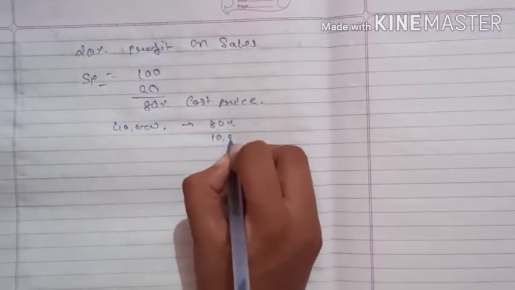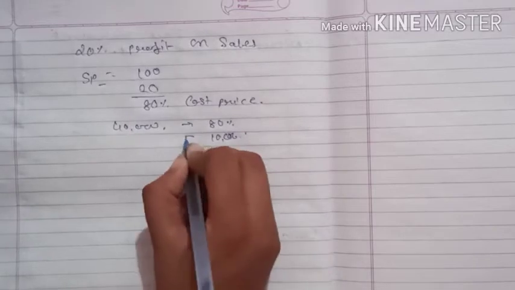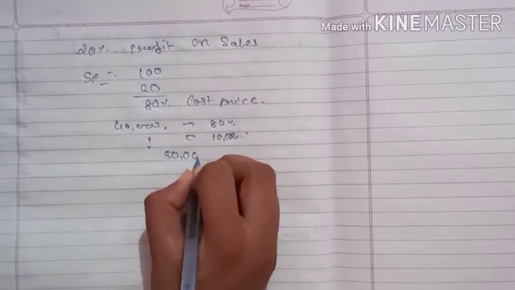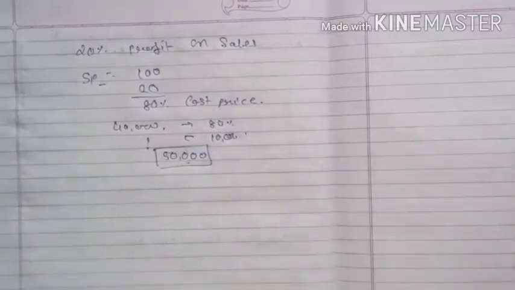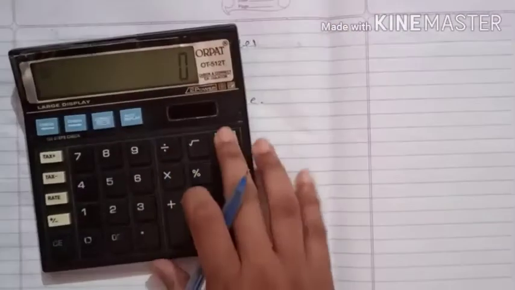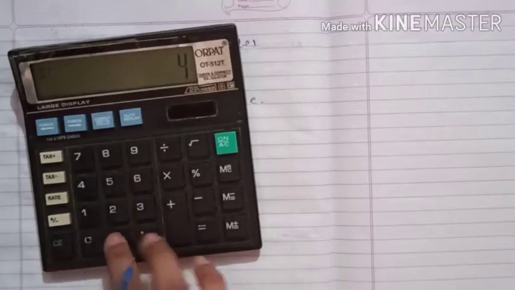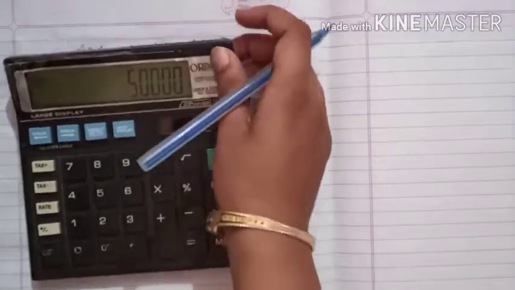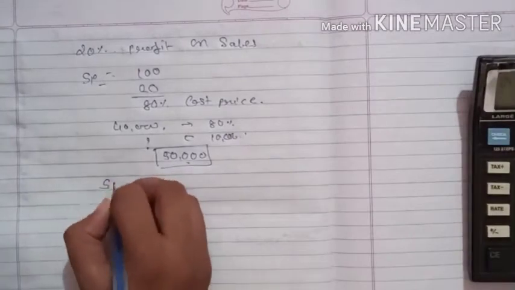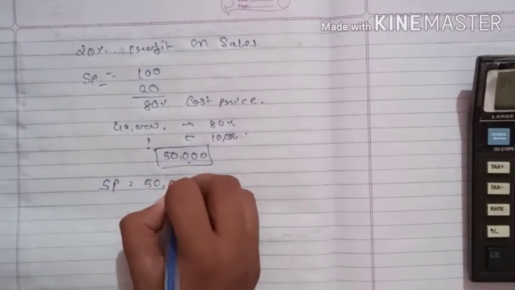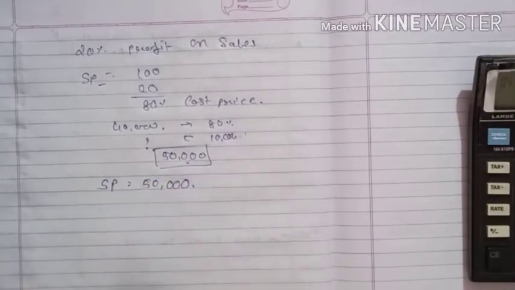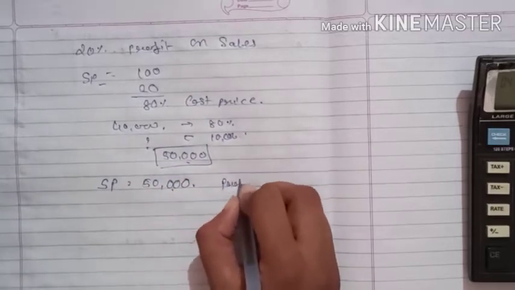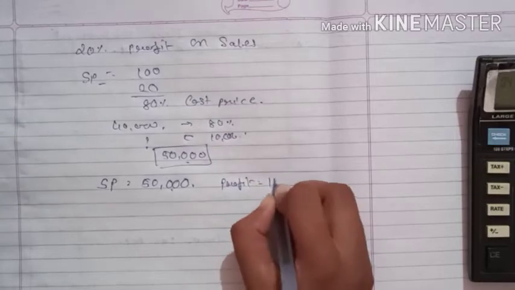So what would be the 100%? It will come to 50,000: 100 into 40,000 divided by 80, it will come 50,000. That means selling price is equal to 50,000. So how much profit? 50,000 minus 40,000. Profit is equal to 10,000.